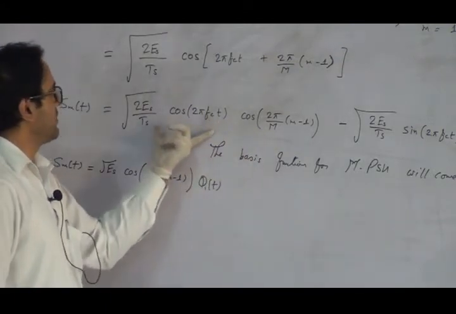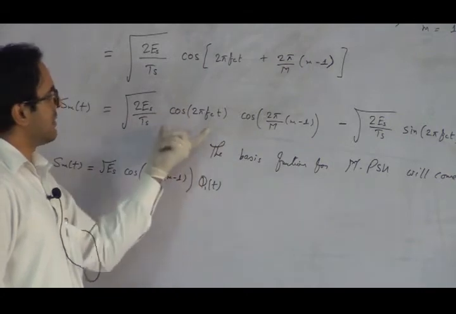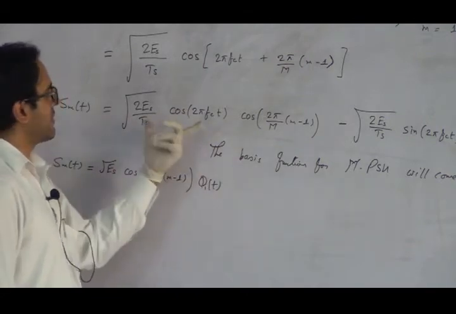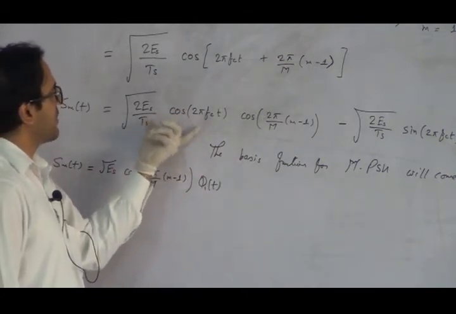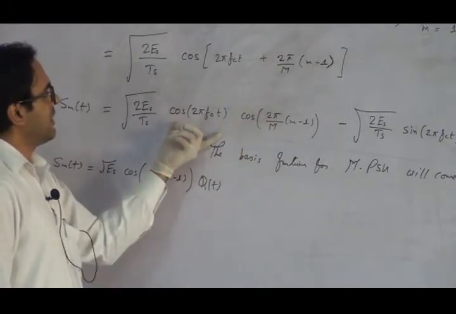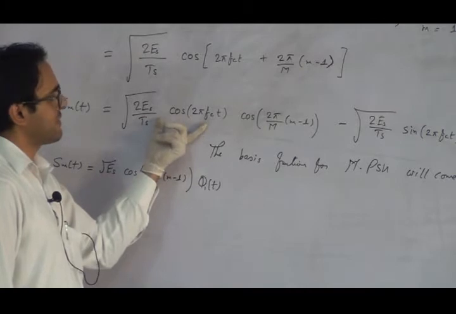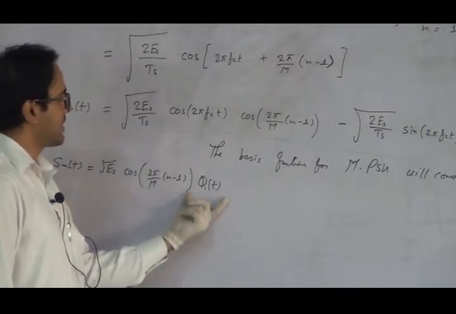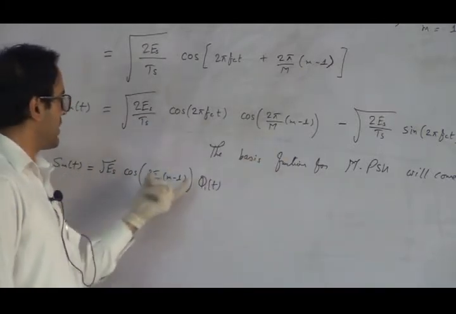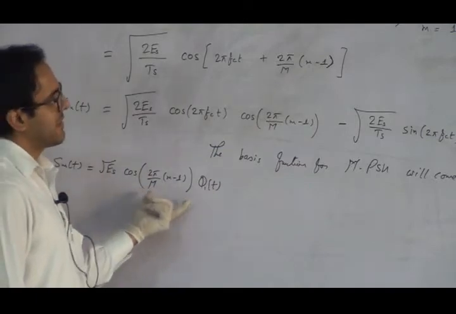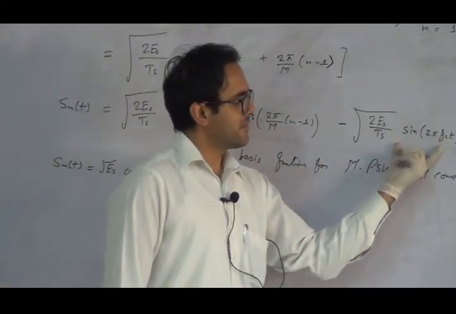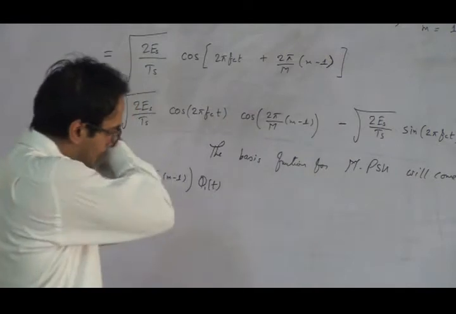Here you can see the representations. If you express this whole equation in terms of phi 1, you will see phi 1 of t replacing some portion of this term, which is written here, and the other portion is written as it is. And similarly here, this term will be replaced with phi 2 of t.